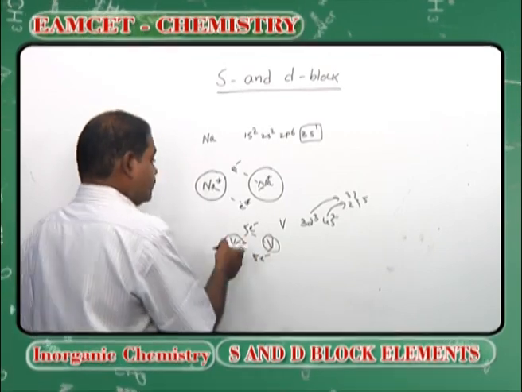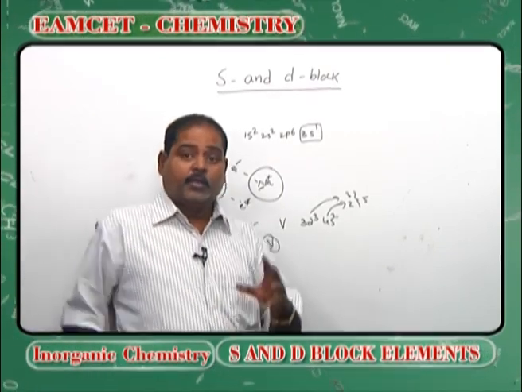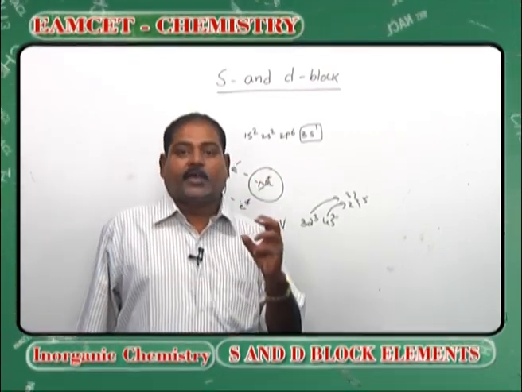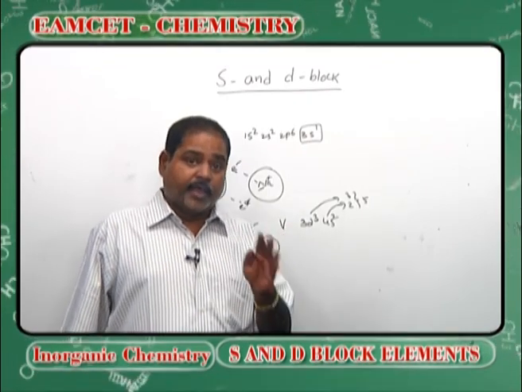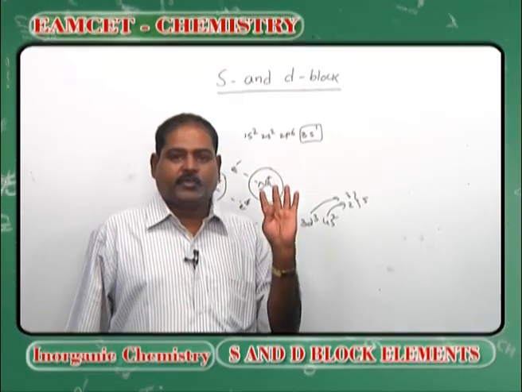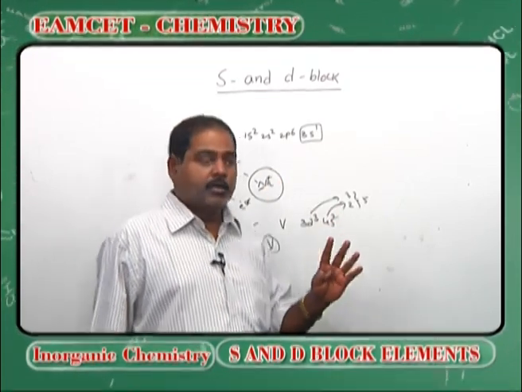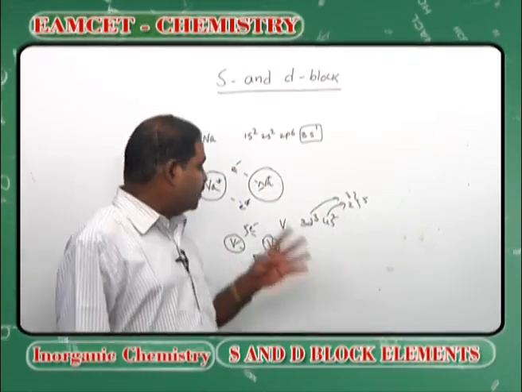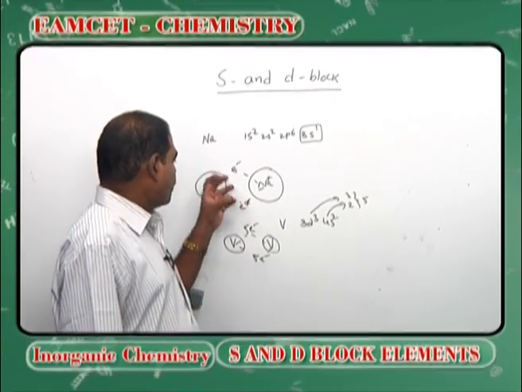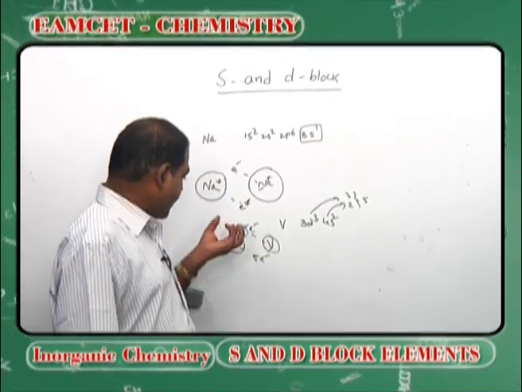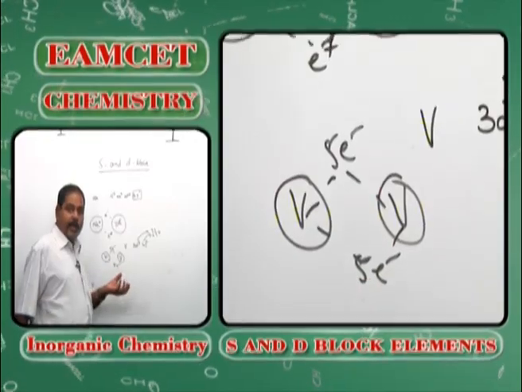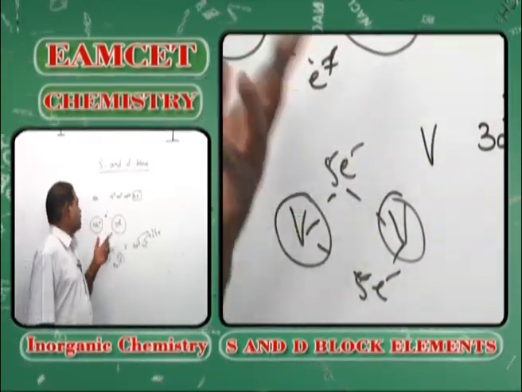Therefore, the metallic bond is very strong, and transition metals are very hard. They have high melting and boiling points. Melting and boiling points depend on the strength of the metallic bond, which increases with the number of valence electrons. The electrostatic attraction is more, and it of course decreases with size.